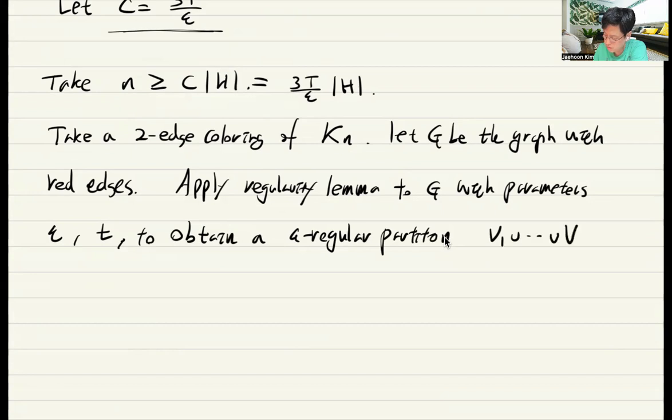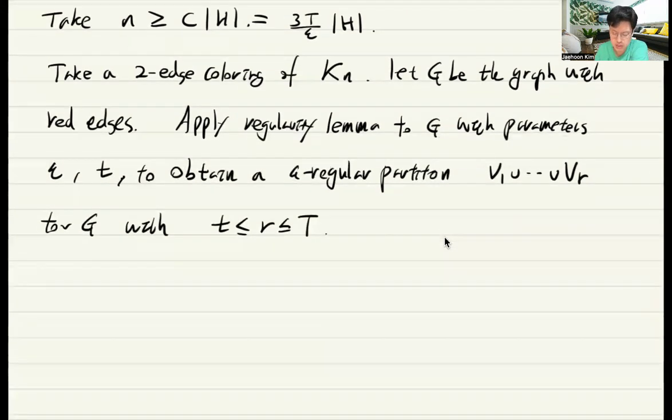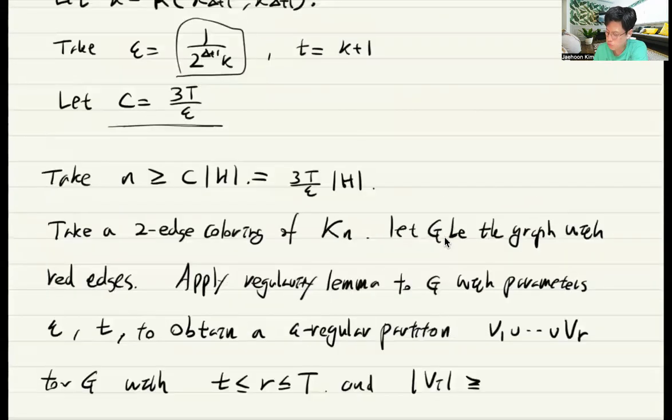B_1 to B_R for G, with R bigger than or equal to t and smaller than or equal to capital T. And what do you know? Each B_i is large. Why?